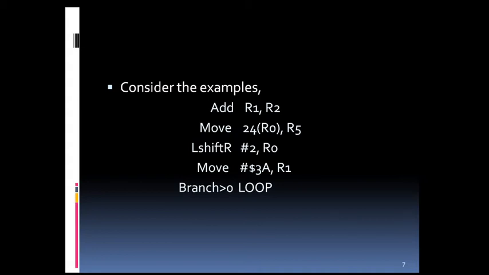So next let us consider the branch instruction, Branch greater than 0, loop. Again 8 bits are used for the opcode, which leaves 24 bits to specify the branch offset. Since the offset is a 2's complement number, the branch target address must be within 2 raised to 23 bytes of the location of that branch instruction.